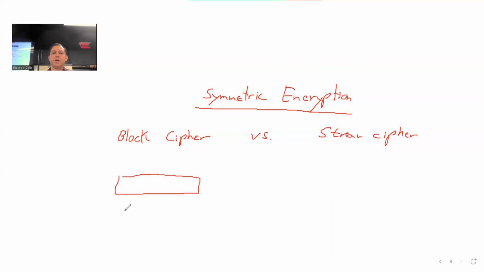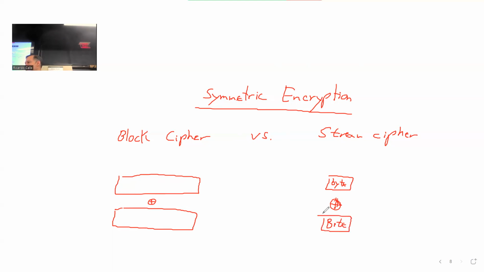So basically, whereas here we're XORing blocks of plain text and cipher, here we're basically on a byte level. We are still XORing, and it's bytes of the key and bytes of the plain text message.